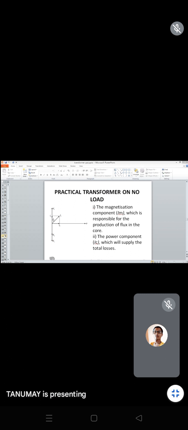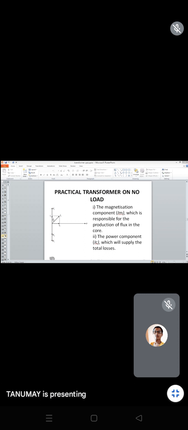So what is magnetic flux? This is the flux that is flowing through the transformer core. This particular transformer flux will try to lag from the supply voltage with an angle of 90 degrees, as this flux will try to produce supply voltage V1.